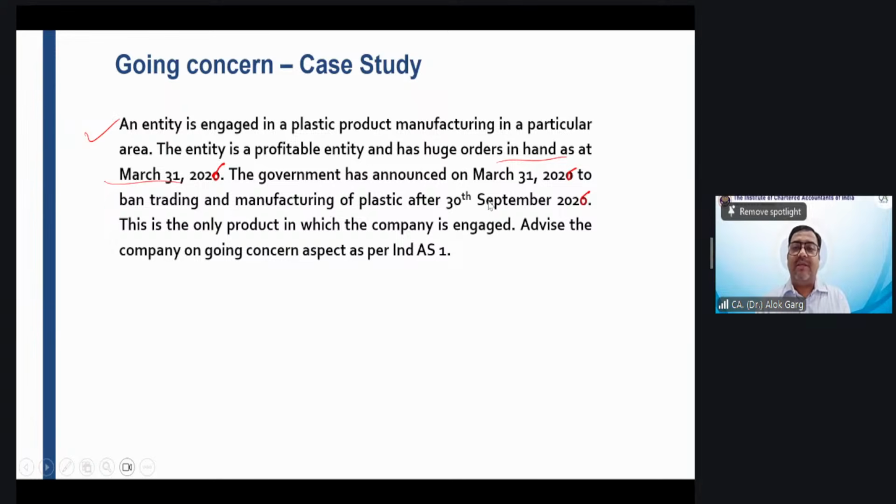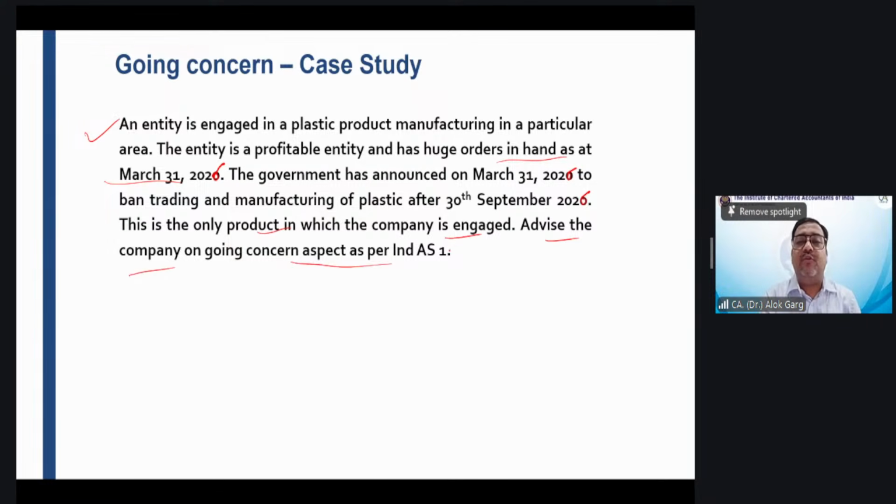The government has announced on 31st March 2026 to ban trading and manufacturing of plastic after 30th September 2026, after 6 months. This is the only product in which the company is engaged.